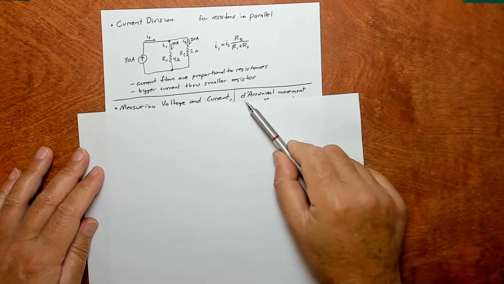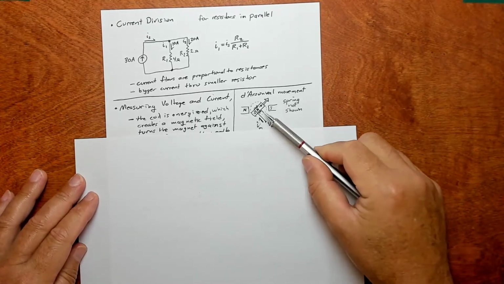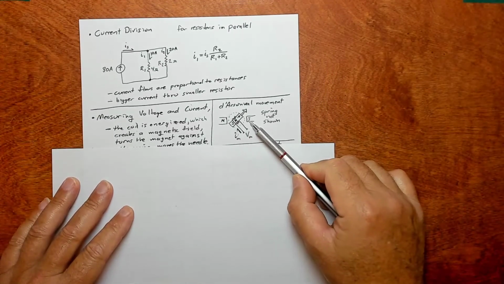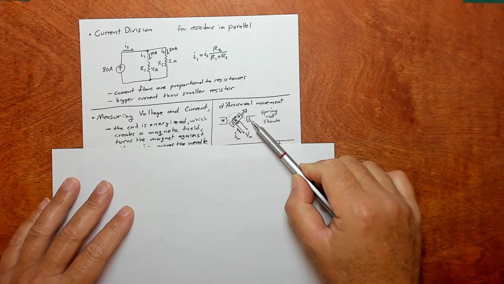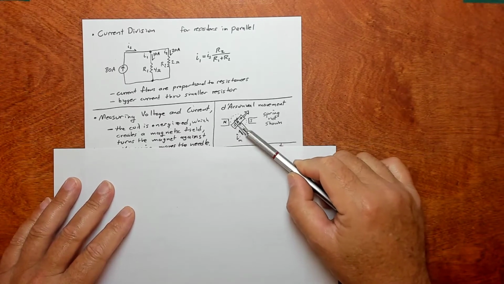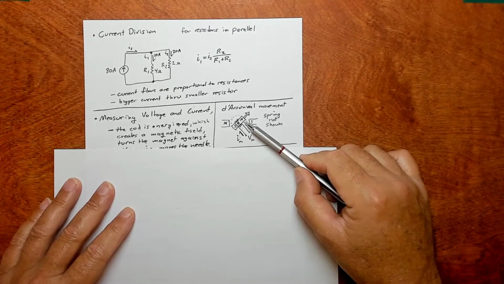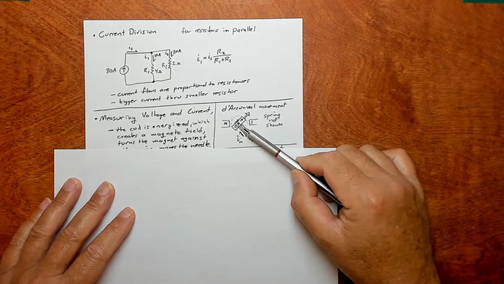Okay, so we have this thing called the D'Arsonval movement. It's a little gadget that this guy D'Arsonval invented a long time ago. He took a magnet, so there's north and south poles of a permanent magnet, and then he took a little iron core coil type magnet, an electromagnet basically, where you have a coil of wire wrapped around an iron core.